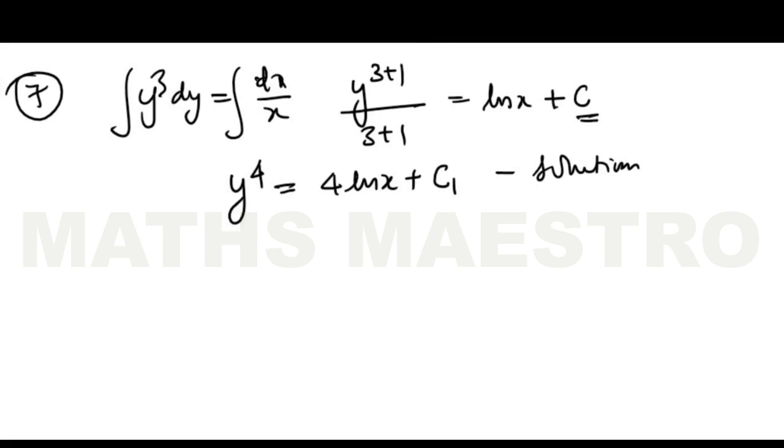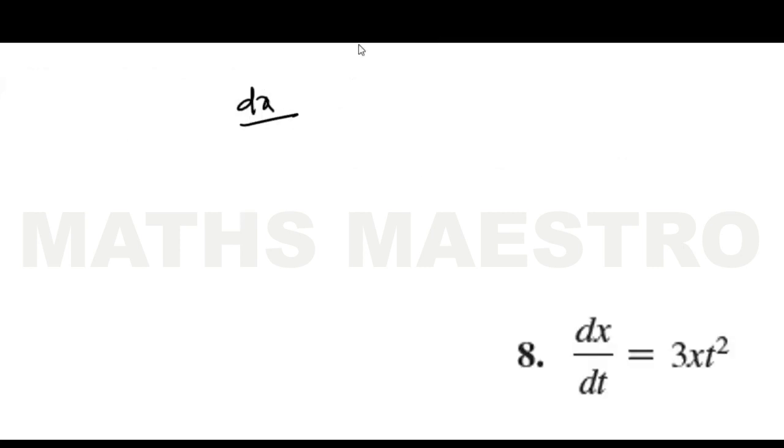Question number 8 is also very much a separable differential equation, and it can be done easily. 8 is dx by x is equal to 3t squared dt.